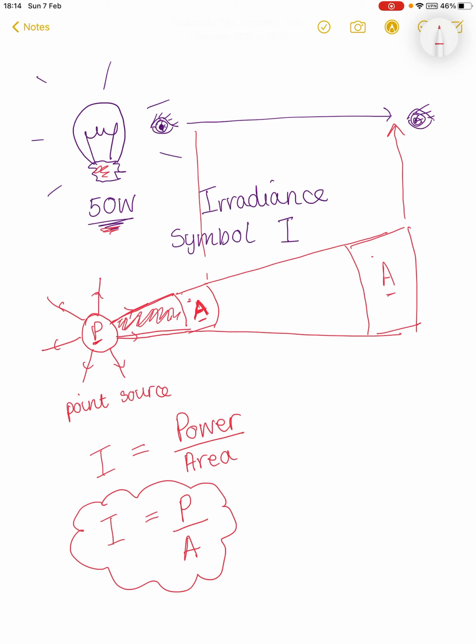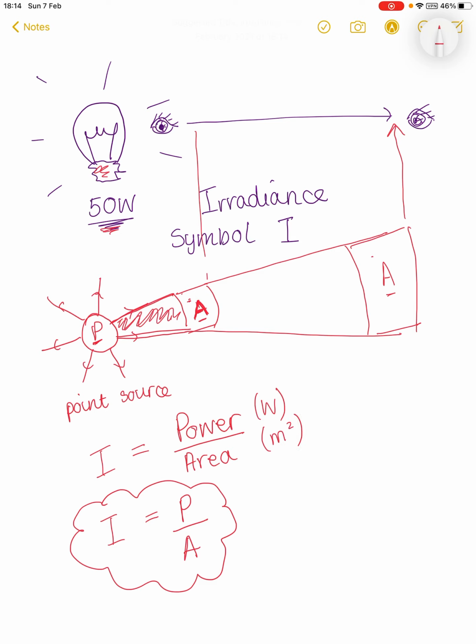Now, if we were in class just now, I would be asking you, well, what are the units of irradiance then? So it doesn't have its own special units. It doesn't have like watts or joules or volts. Its units are derived from the equation. So hopefully you're doing this just now while you're listening, but I can't check. You would be thinking, well, power is measured in watts. Area, now we haven't really covered area much in physics, but hopefully you know from maths, meters squared.